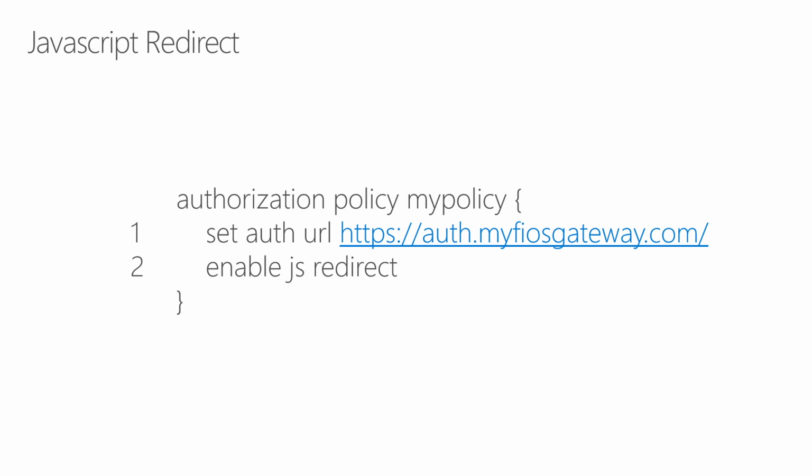What happens is that the pound sign cannot be encoded in the location redirect, because it cannot be captured. So in order to deal with pound signs, you need to use something called JavaScript Redirect. With line number 2, you can say enable JS redirect, and then instead of using location, you will be redirected with JavaScript.